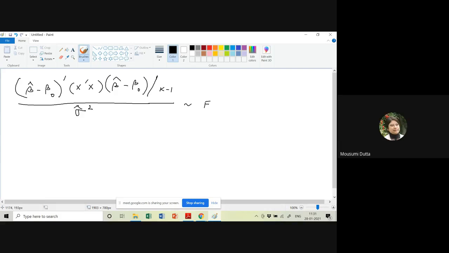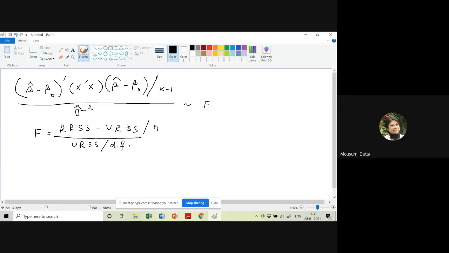If I calculate RRSS differently, should I use the formula beta prime hat x prime x beta hat? Yeah, you can do it any way. When you are using the formula F equals RRSS minus URSS divided by the number of restrictions, divided by URSS divided by degrees of freedom, there is no problem if you calculate ESS using the other formula.